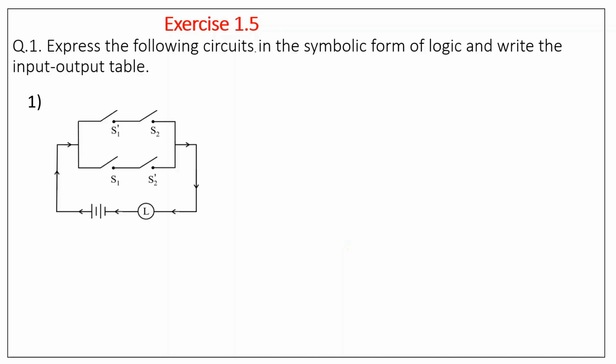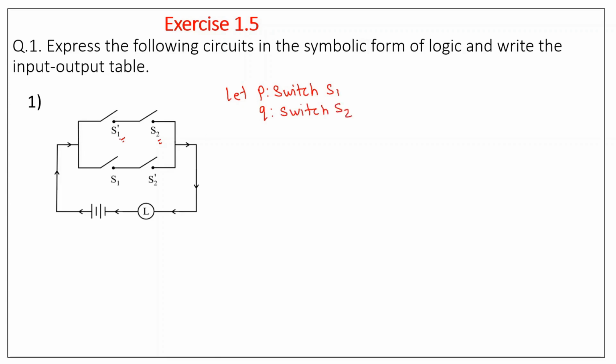We will see some examples. Express the following circuit in symbolic form of logic and write the input output table. This is the circuit which is given. As there are two switches, we write: let P be the switch S1, Q be the switch S2.